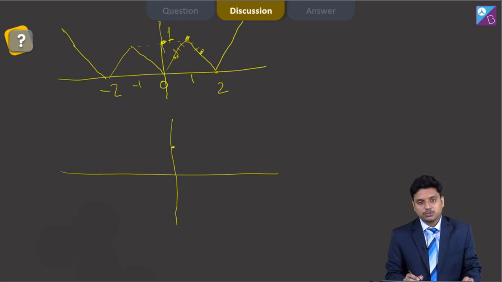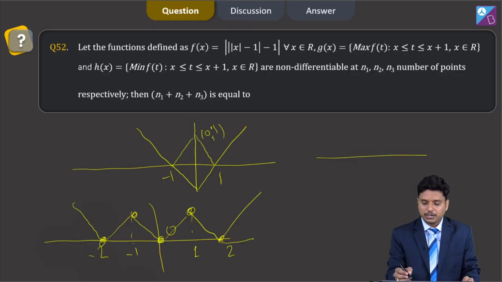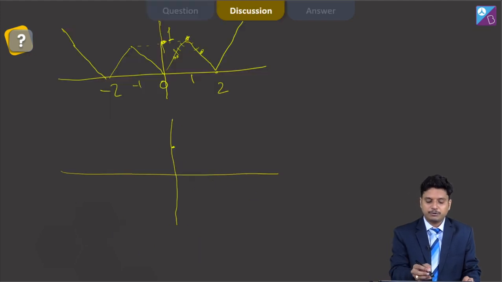Similarly, suppose you try 0.1, 0.2. The values of t will be 0.2 to 1.2. So for g of 0.2, t will vary from 0.2 to 1.2, that means f of 0.2 to f of 1.2. What is the maximum possible value? That is again 1. So you will be getting this till x equal to 1.